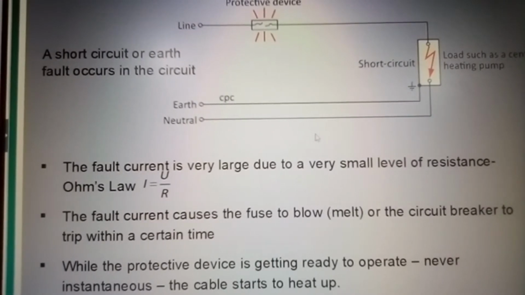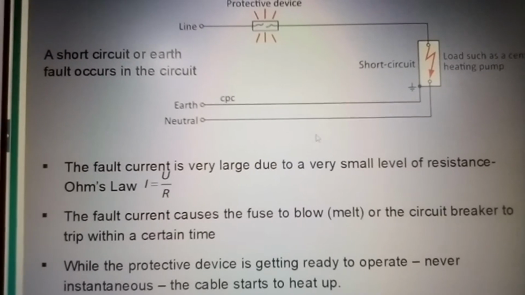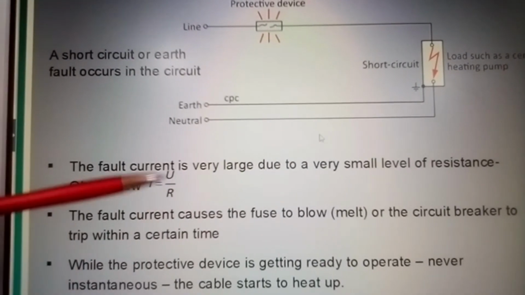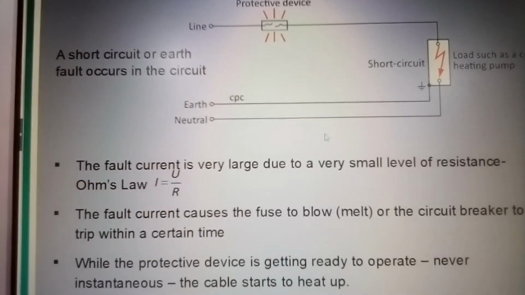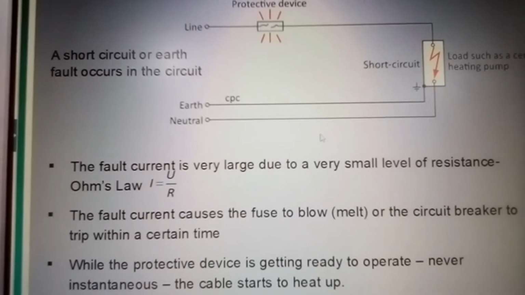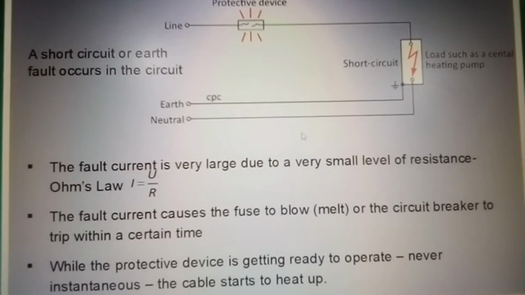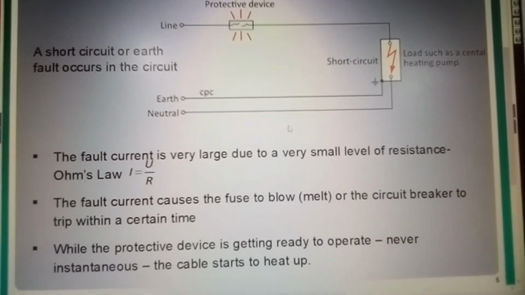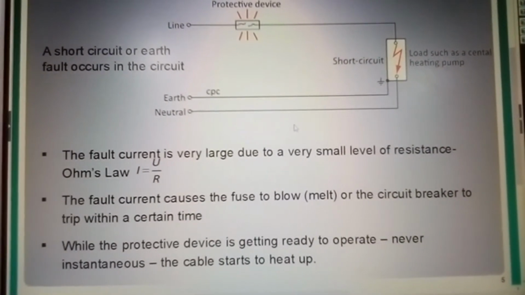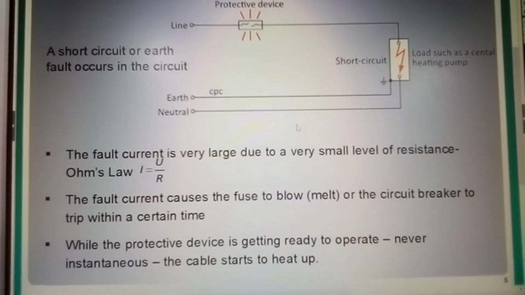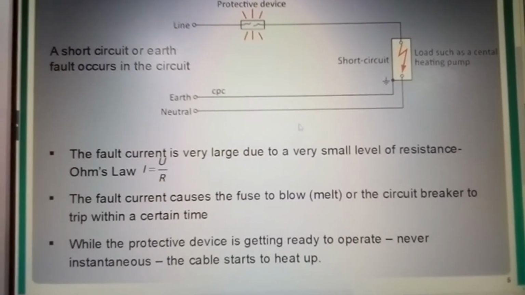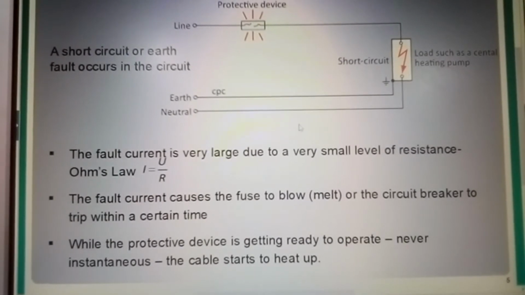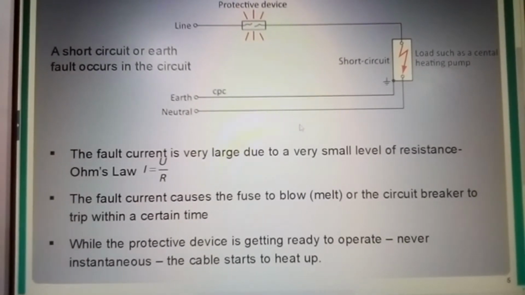Ohm's law: I equals V over R. Please note I is still old-fashioned, so I will still look at this as V over R or U over R. The fault current causes the fuse to blow or the circuit breaker to trip within a certain time, while the protective device is getting ready to operate, never instantaneous.